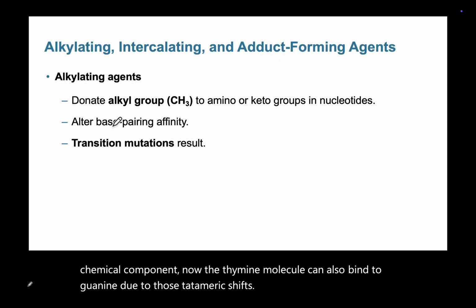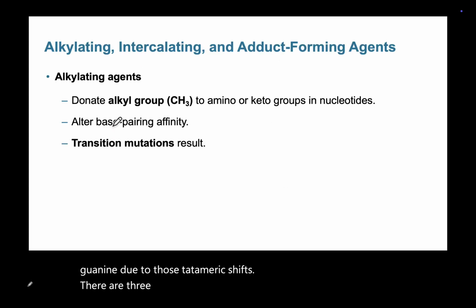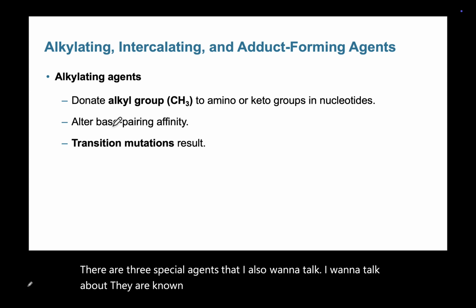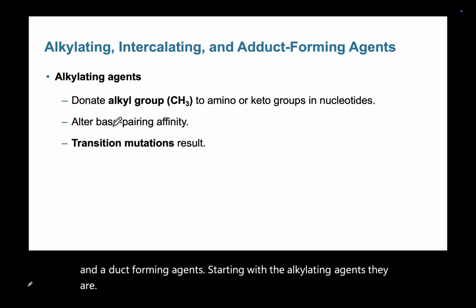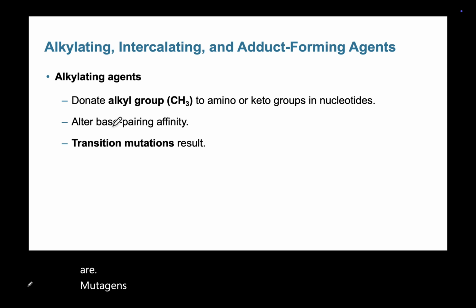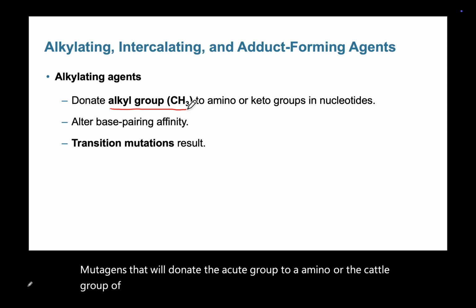There are 3 special agents that I also want to talk about. They are known as alkylating agents, intercalating agents, and adduct forming agents. Starting with the alkylating agents, they are mutagens that will donate the alkyl group to an amino or keto group of the nucleotides.